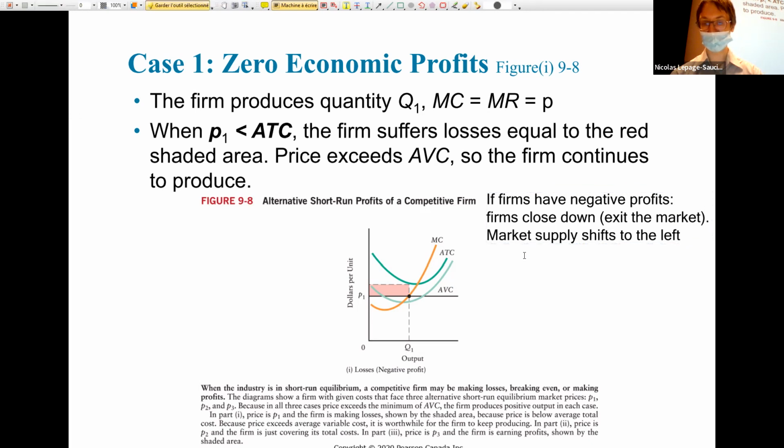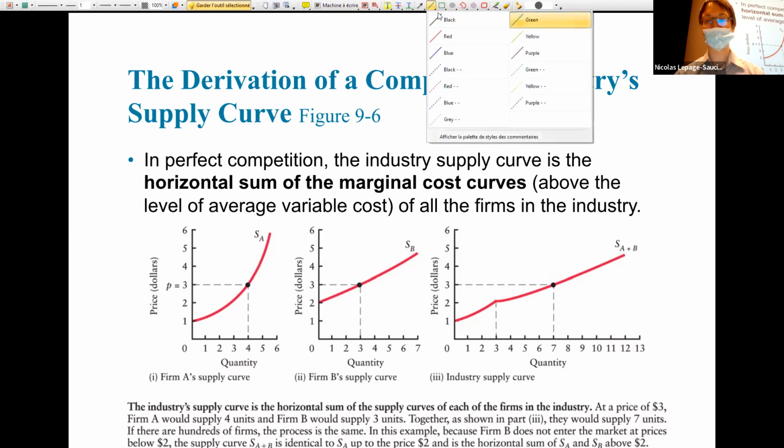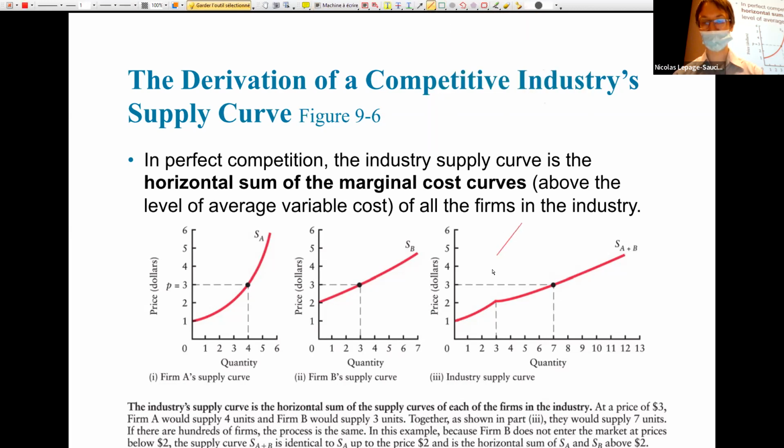Imagine, for instance, that here there's firm 1 and firm 2, but for some reason firm 2 was making a loss and exits. So instead of having two firms on the market, I only have one. So my supply would look like this. Well, it would exactly look like firm 1. It's just smaller. So the total market supply will shift to the left.